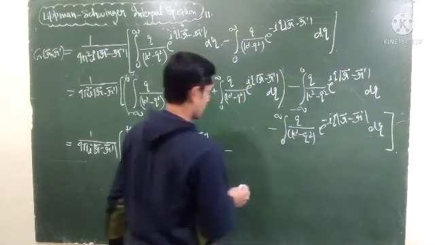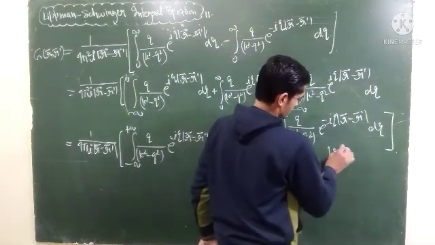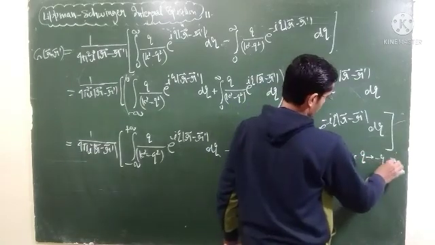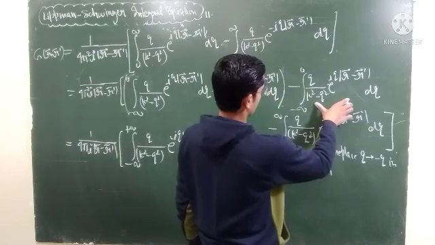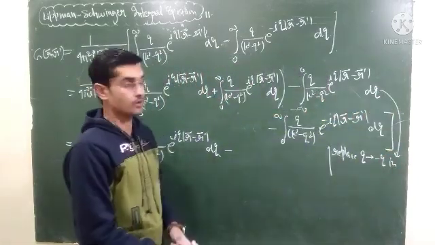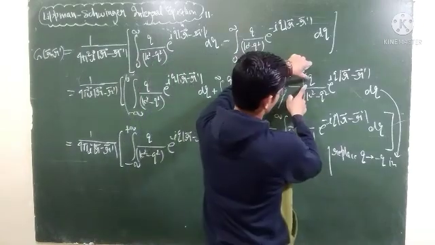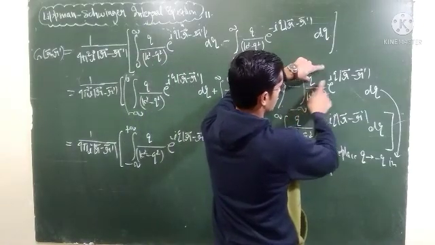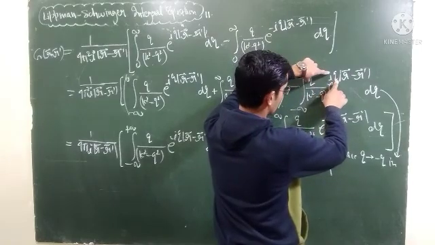So let me write: replace q with minus q in this particular term. What will happen? It will be minus q, right? It is minus q square, so again the q square, so it is minus q there, right?